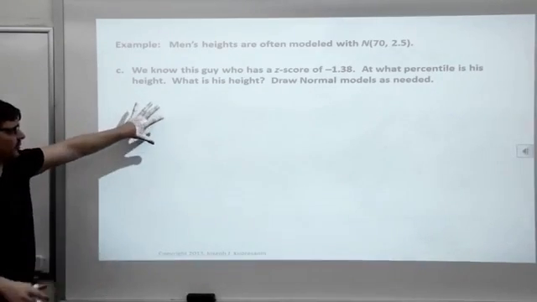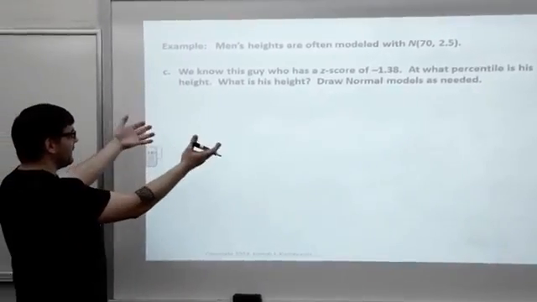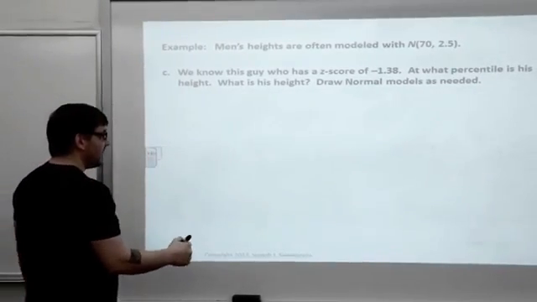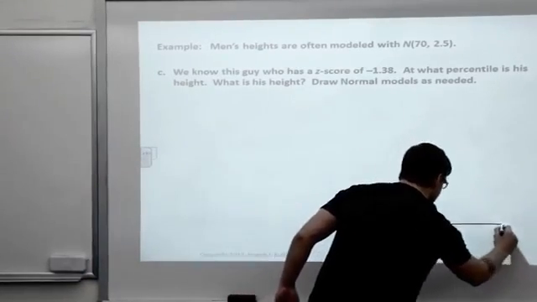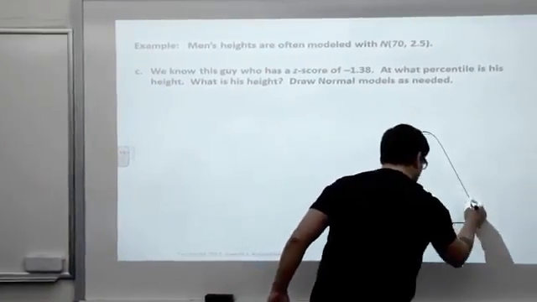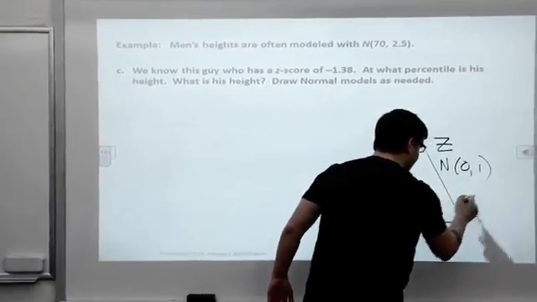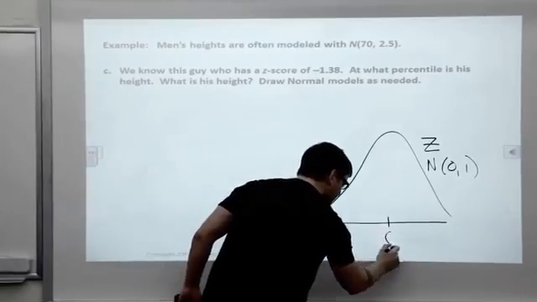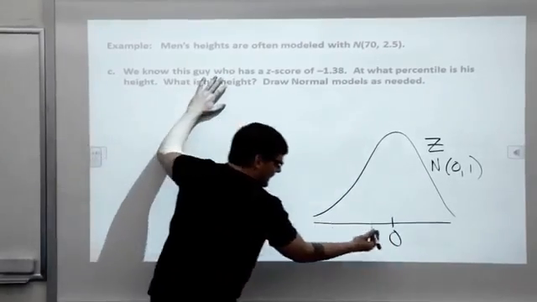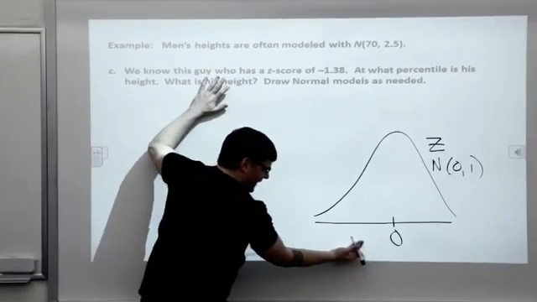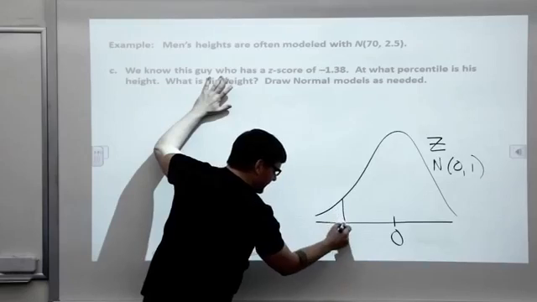All right, I'll draw both pictures here, and then we'll go to StatCrunch at the end to get the answers. Okay, so we know this guy who has a z-score of negative 1.38. So maybe we'll put that one here. Here's that z-curve, centered at normal 0, 1. We know his z-score is negative 1.38. If I go negative 1.38 standard deviations below the mean, it's roughly here somewhere.